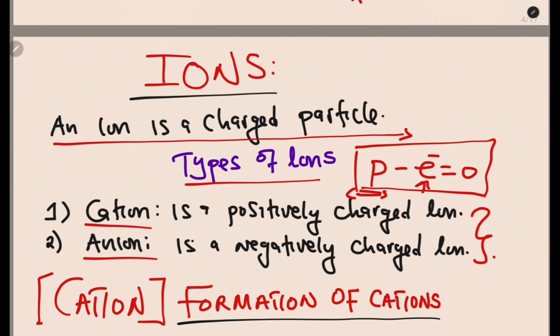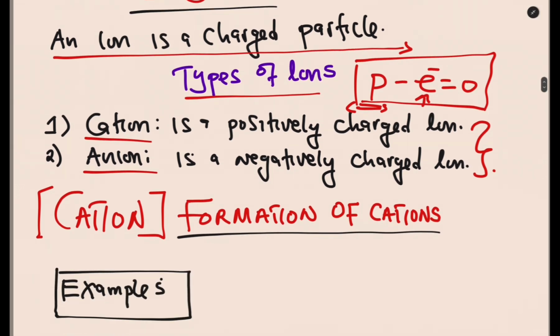All right, so let us have a look at the formation of ions, since we said there are two. We're going to start with the formation of a positively charged ion. Positively charged ions are ions formed by loss of electrons, and protons are more than electrons.